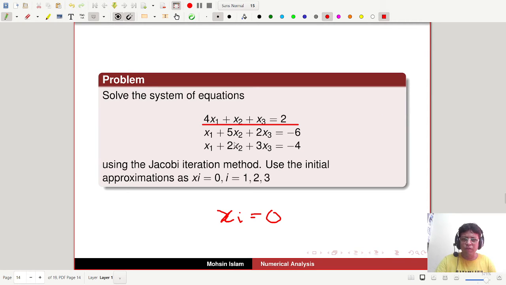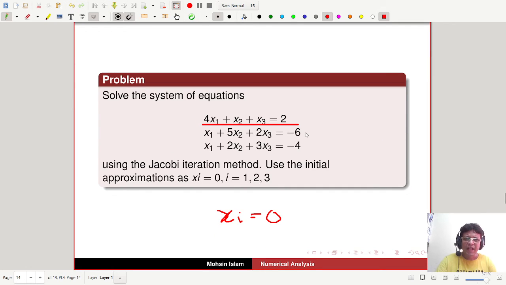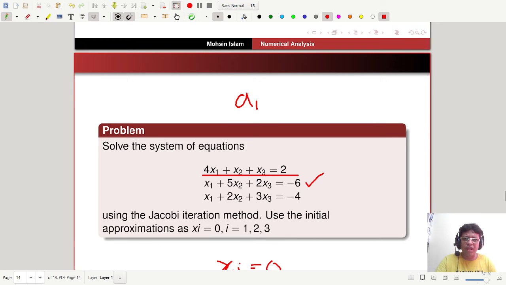We will see the magnitude, the modulus value. And in the second equation, you see the coefficient. In the first case you have a11 greater than the others, that is a12 and a13, right? The magnitude of a11 is more than their values.